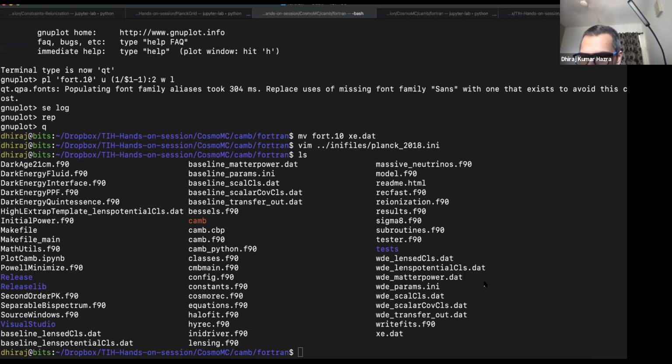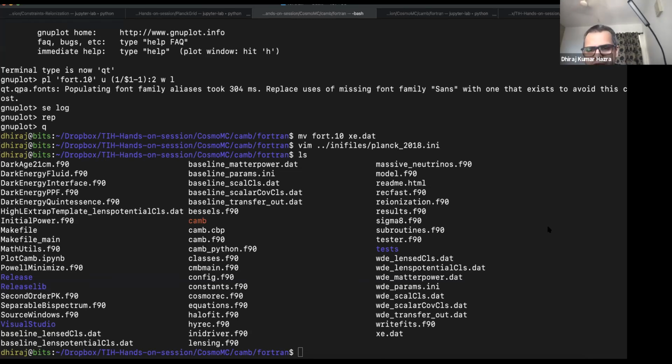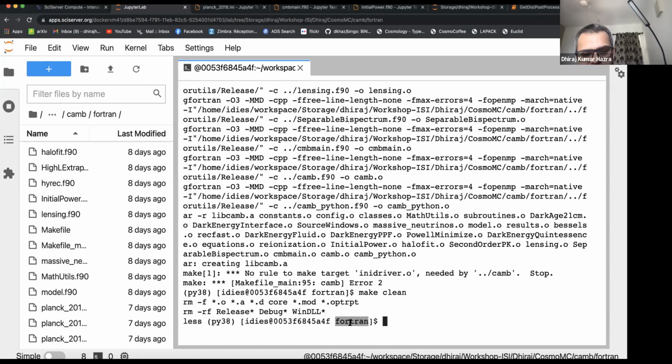I am finding the directory. Should I also go to my left side where it is showing the file names? No, that you don't have to worry about. That can stay wherever it is. If your console changes to that directory, you will be able to see it. Let me show you. See, I'm highlighting Fortran. Are you able to get that? If you are able to get that, then we are fine.